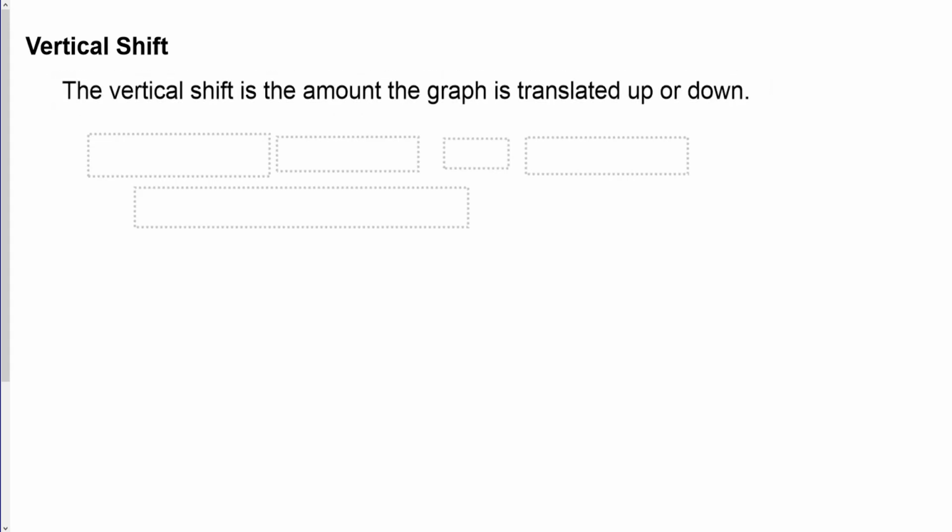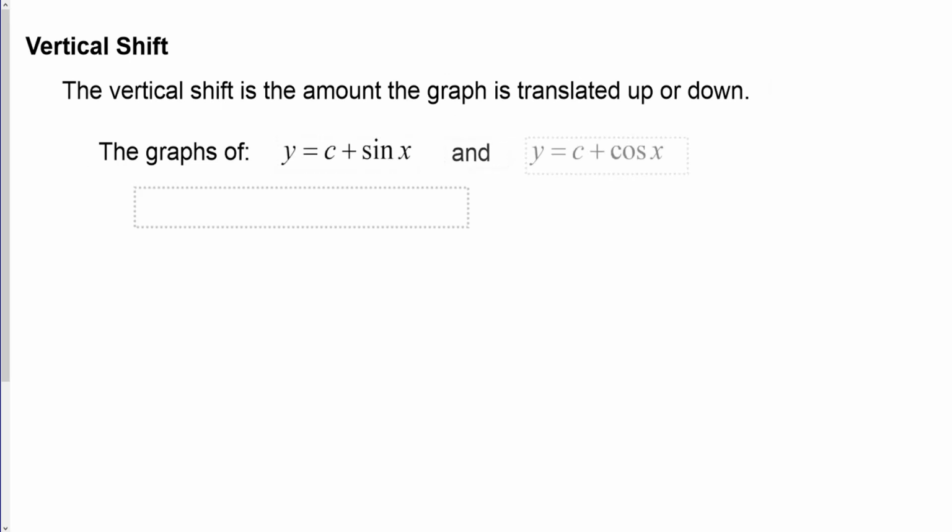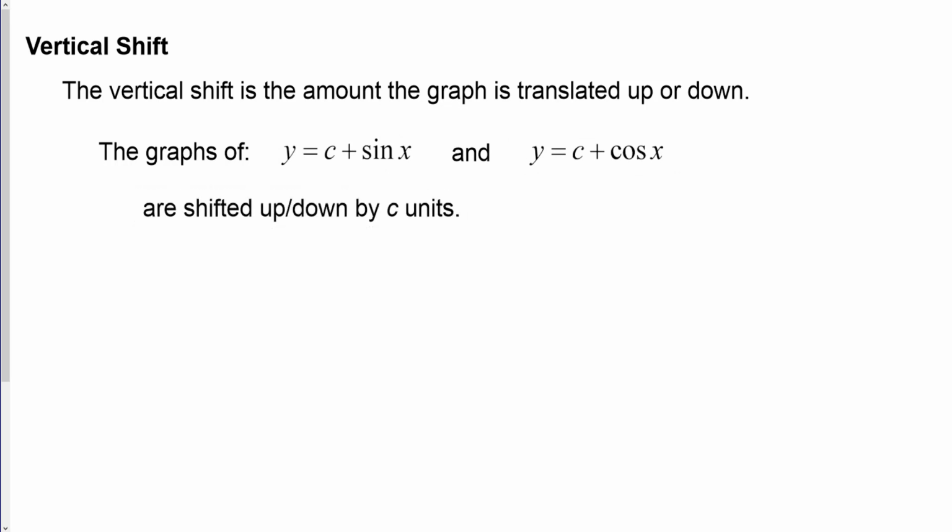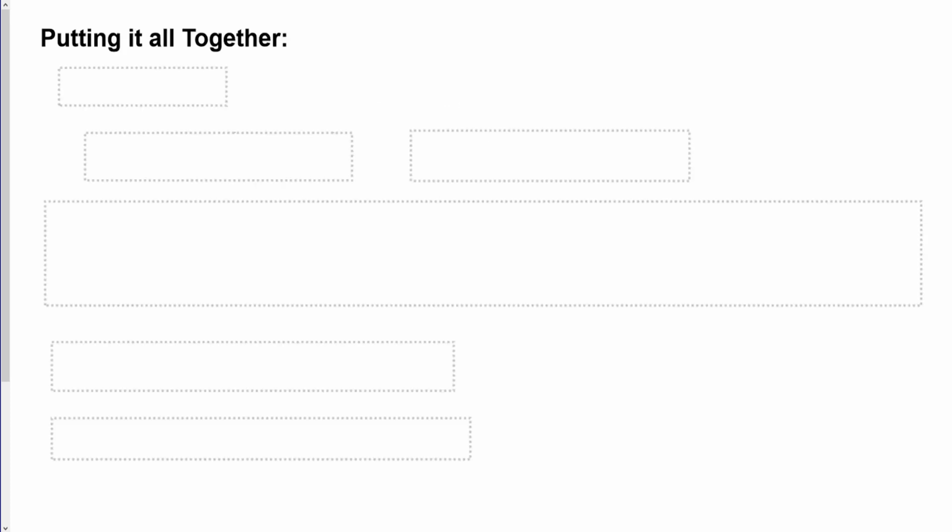The vertical shift is the amount the graph is translated up or down, and the graphs of y equals c plus sine x and c plus cosine x are just shifted up or down by c units. Whatever that number is, that's how far up or down the graph is shifted.